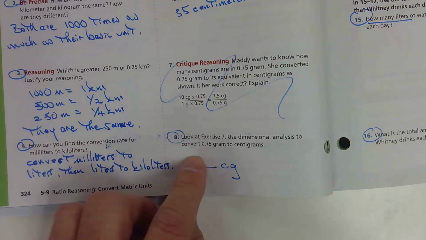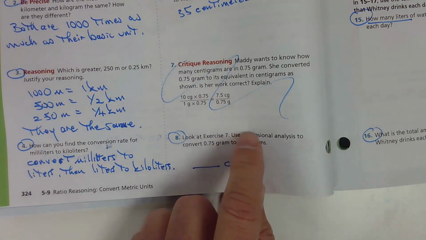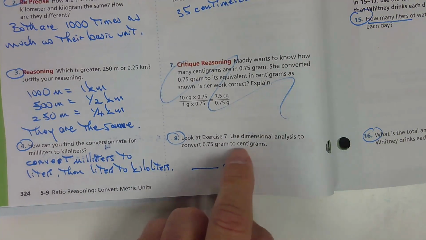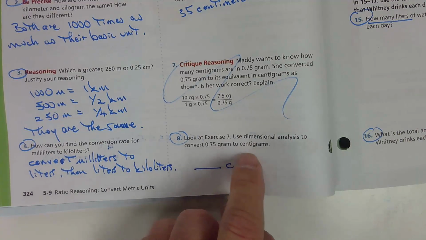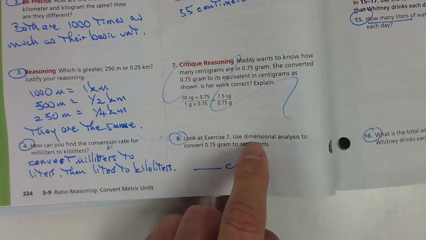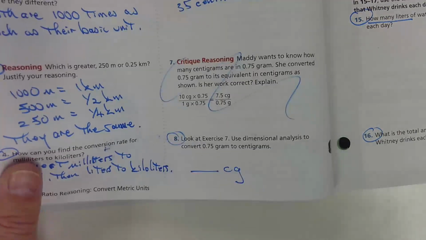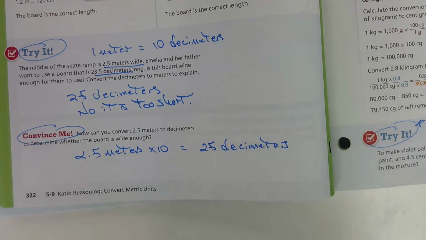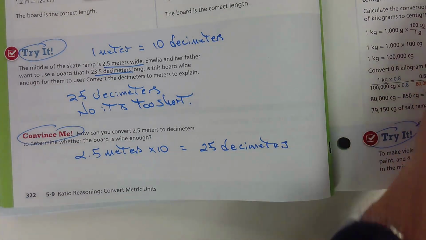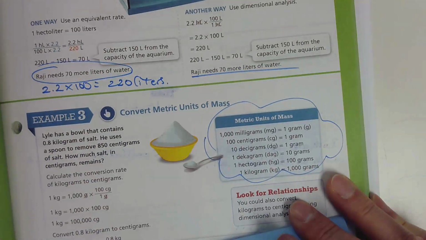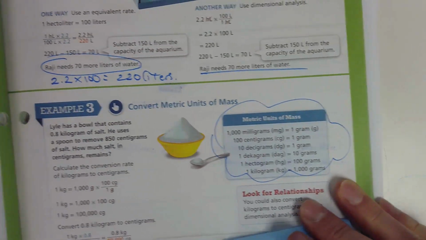Number 8, look at exercise 7. Use dimensional analysis to convert 0.75 grams to centigrams. Well, you can use that if you want, or just go to the weight, which was on page 323, that one right there.